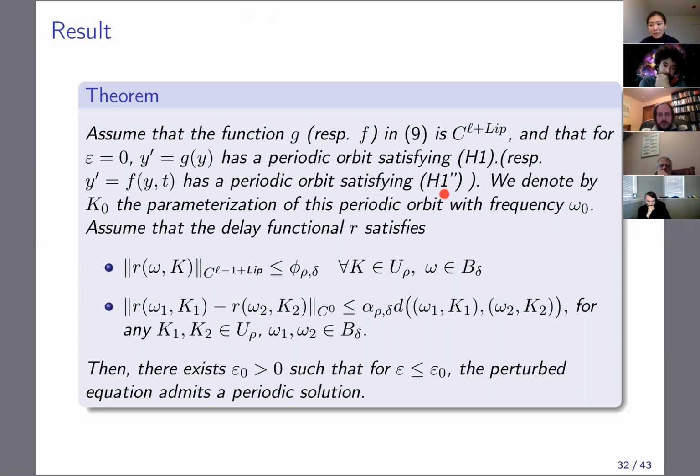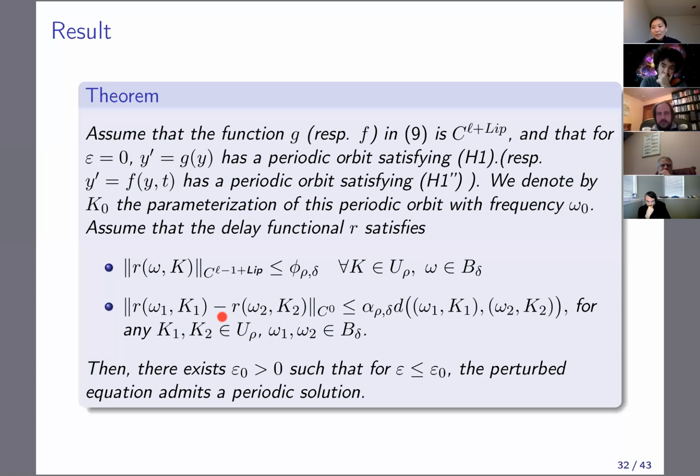We need the following two assumptions on the delay term. The first one says that it maps a C^L plus Lipschitz ball into a C^(L-1) plus Lipschitz ball in a neighborhood of K0 and omega 0. And the second one is still the C0 Lipschitz condition.